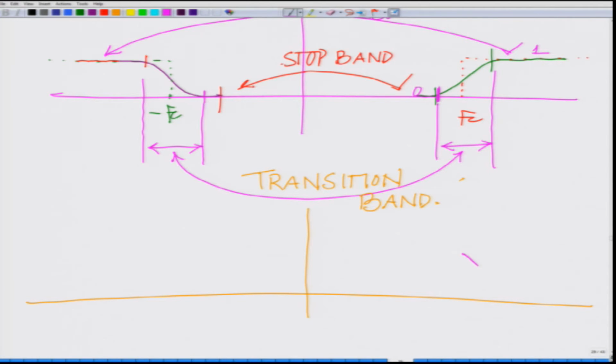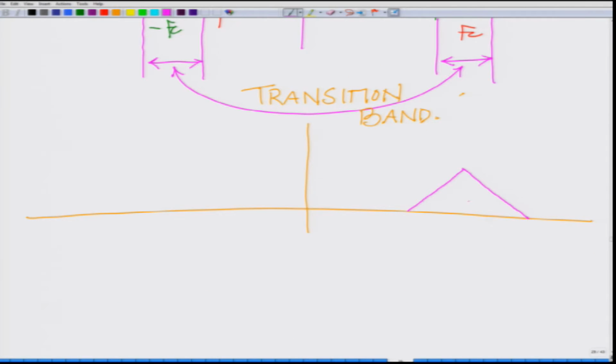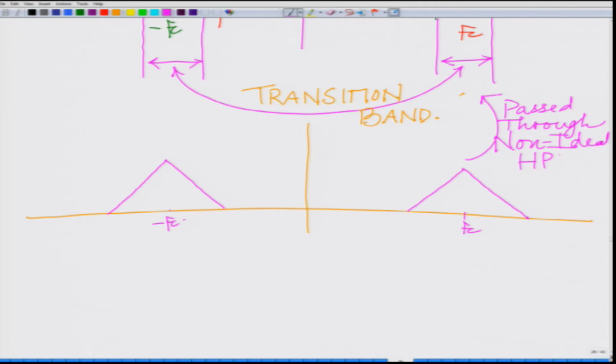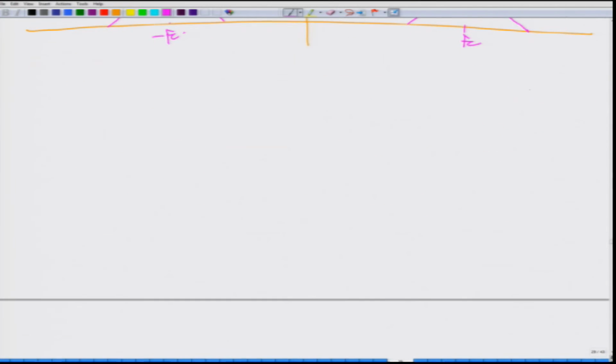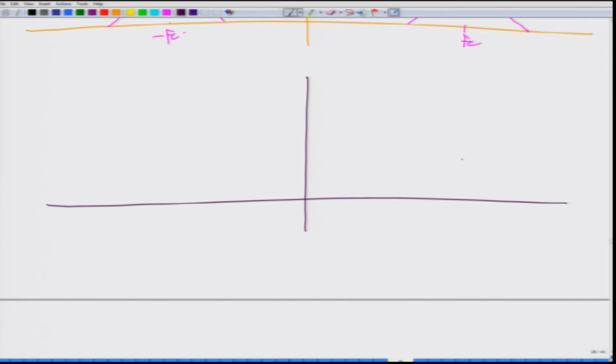So, this is Fc, this is your M(f) minus Fc, that is shifted to Fc, and this is your minus Fc, and you pass this through a non-ideal HPF, high pass filter, with a transition band.